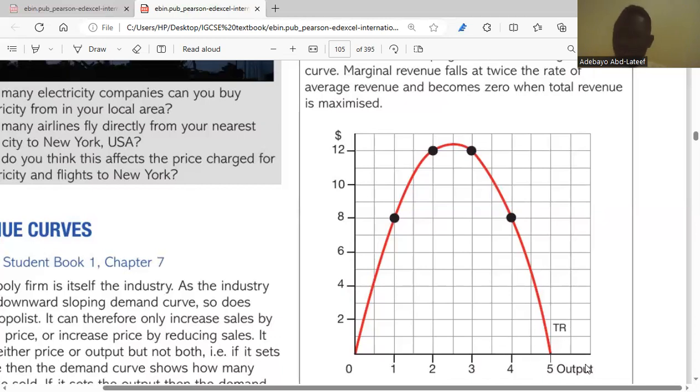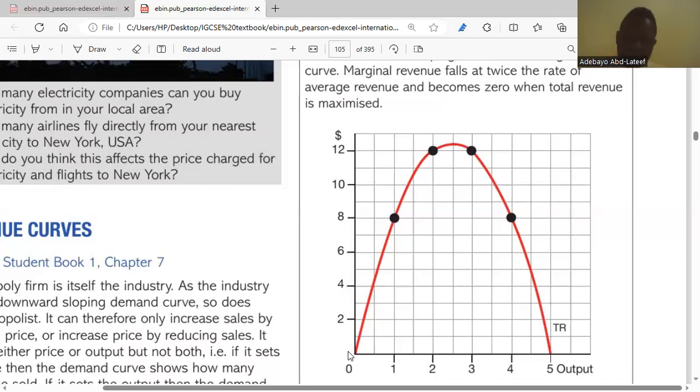The marginal revenue here is at 0. So our revenue will be total output multiplied by 0, which is 5 multiplied by 0. So that's why we have it to be 0, because we said average revenue is total revenue divided by output.